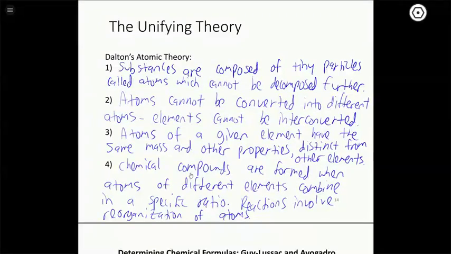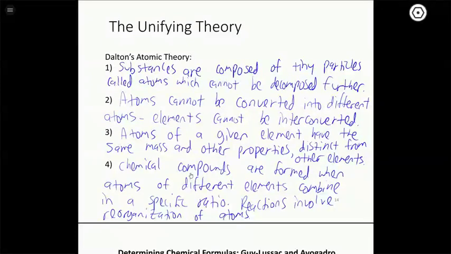So there are always these discrete whole number ratios of the atoms that combine, and then that translates on a macroscopic level to the ratios of the masses that are involved in a much larger sample of that compound. So the point is, you have these discrete building blocks called atoms. You can't have a half of an atom or a fourth of an atom. They always have to combine with each other in whole number ratios at the microscopic level, and then that translates into some of the mass observations that we see at a higher level.